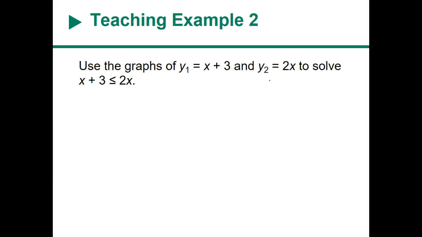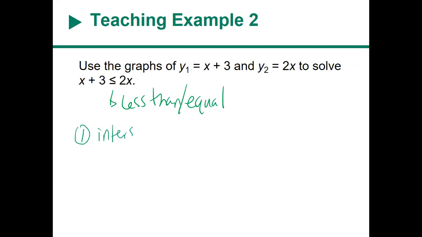So you're gonna graph them each in the calculator, and then you're looking for, one, where do they intersect? That's the first thing you're looking for. And two, if I'm looking for x plus 3 to be less than 2x, I'm looking for when x plus 3 is below 2x.